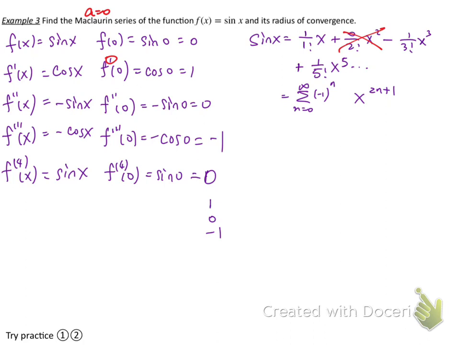I have 1 on the numerator over the denominator, which is the factorial of the same number as the exponent, so 2n plus 1 factorial. Or the sum over n from 0 to infinity of negative 1 to the nth power over 2n plus 1 factorial, times x to the 2n plus 1, coefficient and the power. So that's our Maclaurin series.